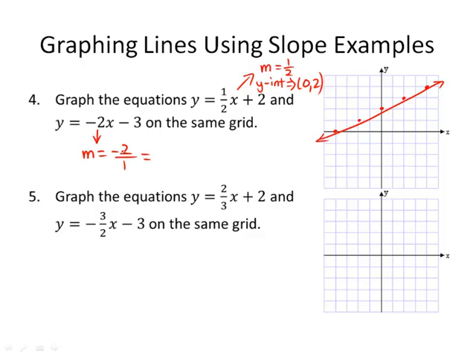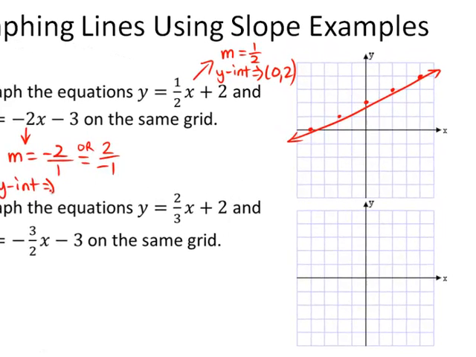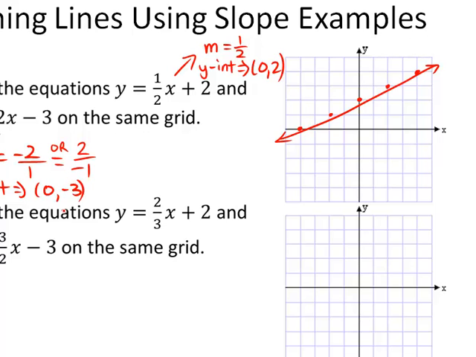So that could be either -2 over 1 or 2 over -1. And your y-intercept is 0, -3. So we're going to start at 0, -3, and we're going to go down 2, right 1, or up 2, left 1.